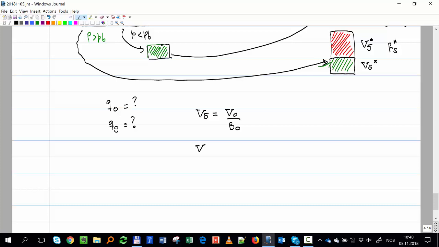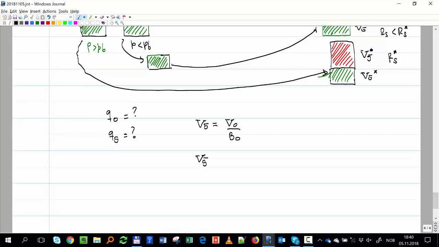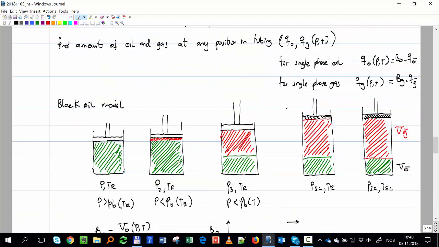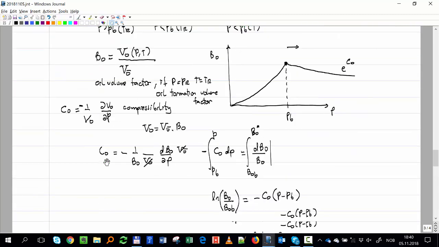Now, the gas that I have at the surface, where is that gas coming from? From any pressure and temperature, let's say I'm taking here, all the gas is coming from the oil. All of this gas that I have here is coming from this oil.